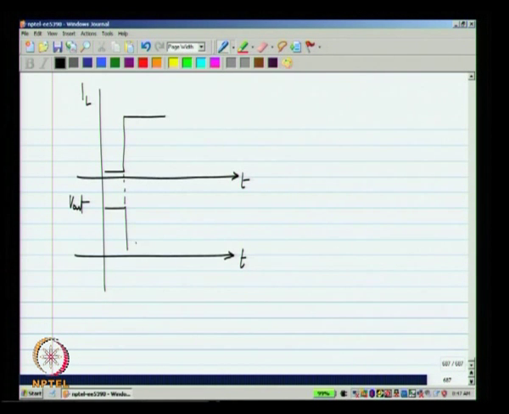So, it will step down by a large value, which if this is delta IL, this would be delta IL times RDS 0 parallel R1 plus R2, okay.